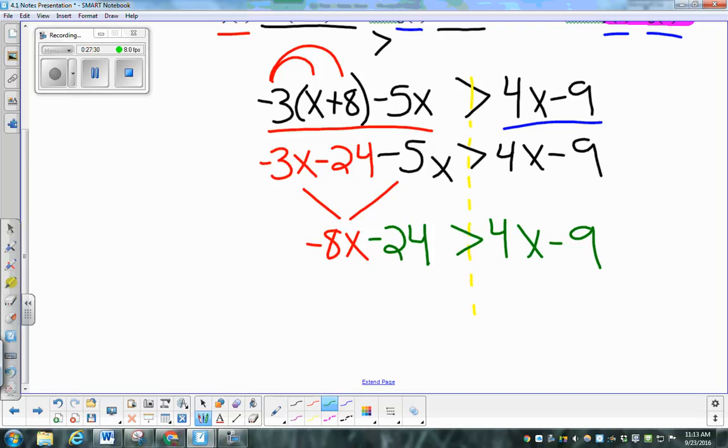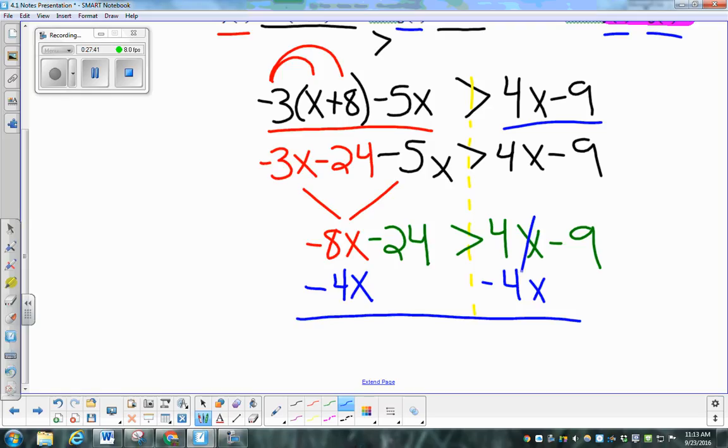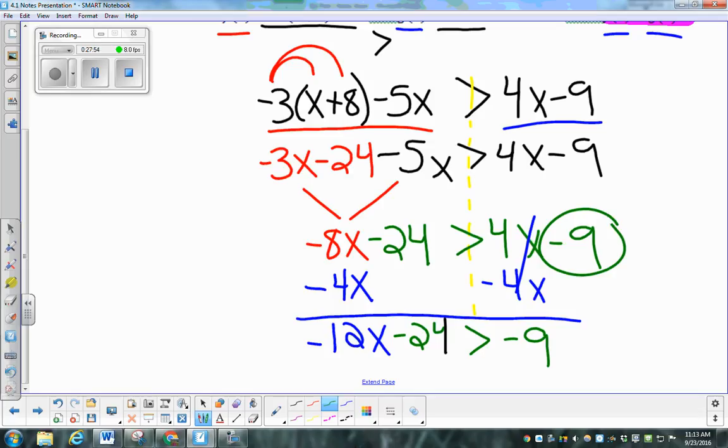Now we want to get all of our x's on one side of this equation. I always like to move mine to the left, so I'm going to subtract 4x from each side. If you wanted to add 8x to each side, you could do that too if you wanted. So over here we've got negative 12x minus 24 is greater than negative 9 is what's left over here.